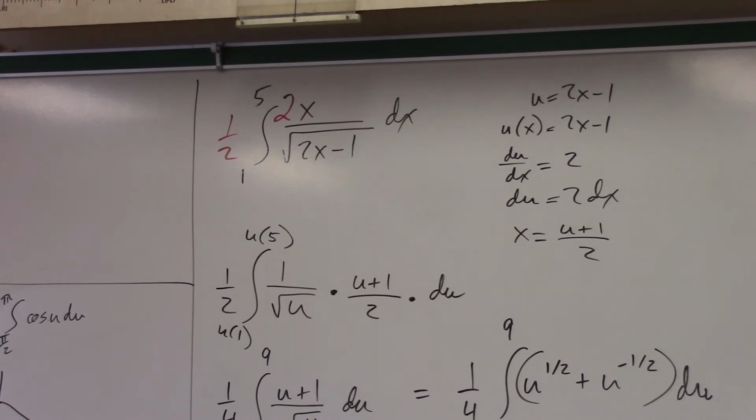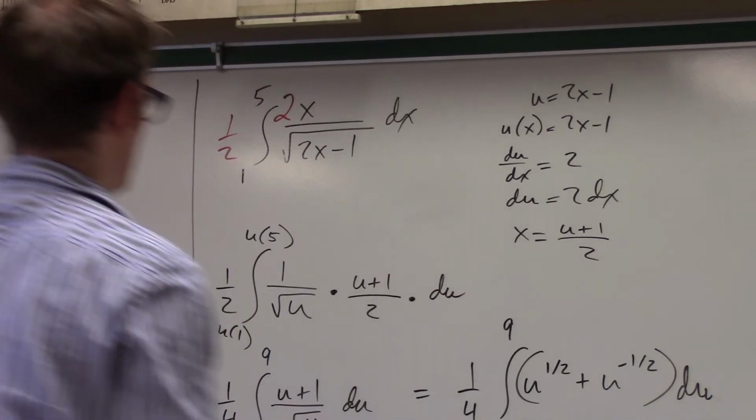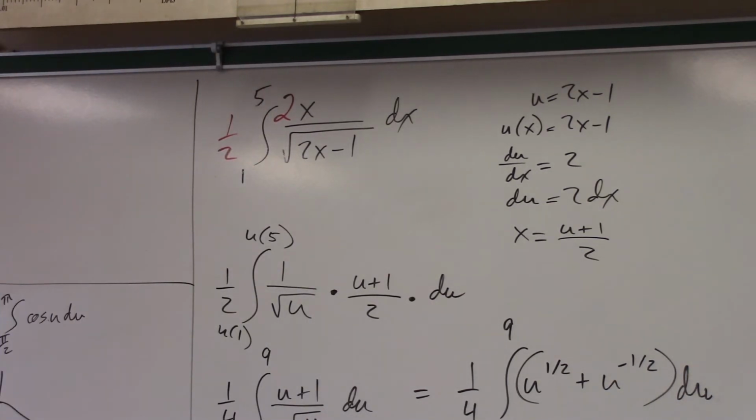If I plug in 9 here, I get 2/3 times 27. That's 18 plus 6 minus 2/3 plus 2. Did I do something wrong? Is that right?